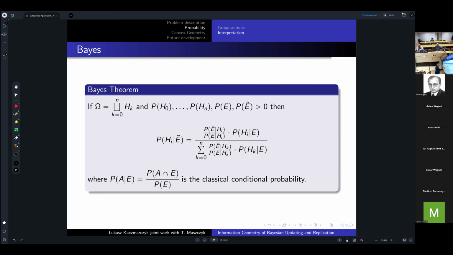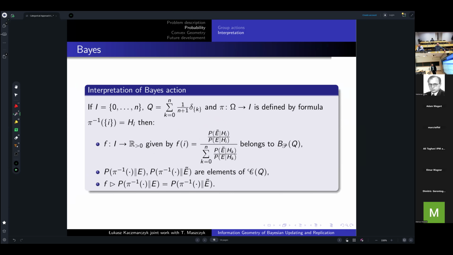Here we have this quotient, and if we define a function exactly using this quotient, we would see that it will be an L-infinity function on I, satisfying everything so that it belongs to BP of Q, where Q, for simplicity, is the uniform distribution on the finite set.